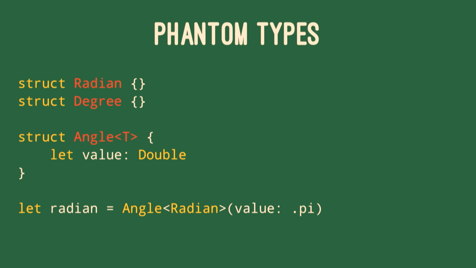I don't have to create initializers because the system does it for you. And then you can just create an angle that's a radian, with a value of .pi, and you can specify your function to take just that value so it doesn't mess around. Again, somebody could still pass in the wrong value for the angle, but it stops you passing in the wrong type. It's a really handy thing.